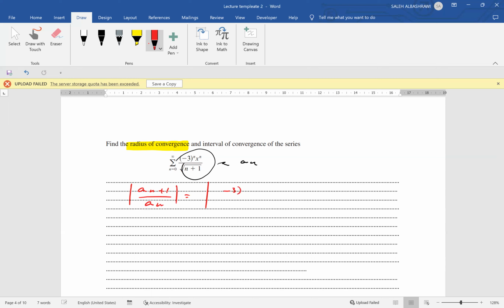(minus 3) to the power n plus 1 multiplied by x to the power n plus 1, divided by the square root of n plus 1 plus 1. We just replace n by n plus 1. Divided by an means multiplied by the reciprocal of the fraction there. That will be the square root of n plus 1 divided by (minus 3) to the power n times x to the power n.